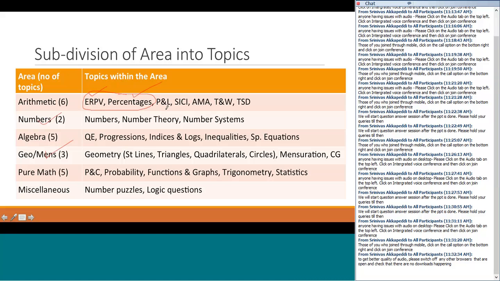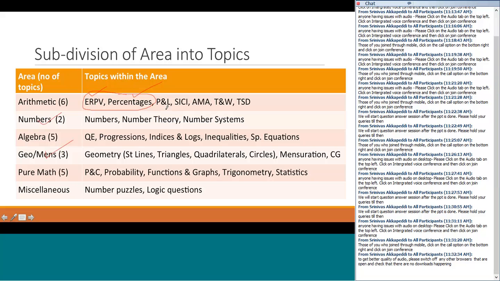In fact, P&L has only one formula, that is percentage increase, percentage decrease, to be honest with you. Simple interest, compound interest has only 2 concepts. What is simple interest? What is compound interest? Averages, mixtures, alligation has only 2 concepts. What is an average? What is a weighted average?